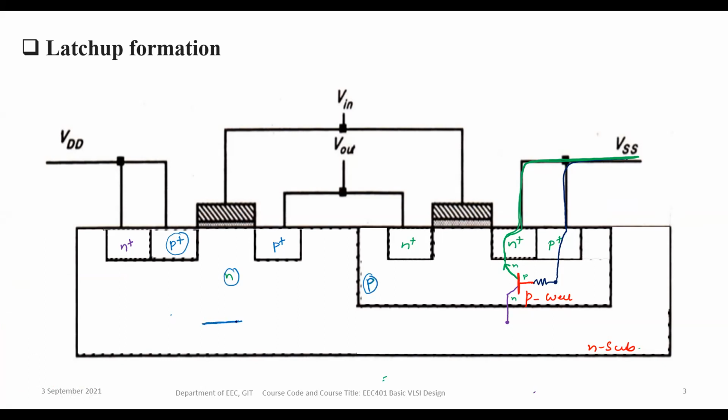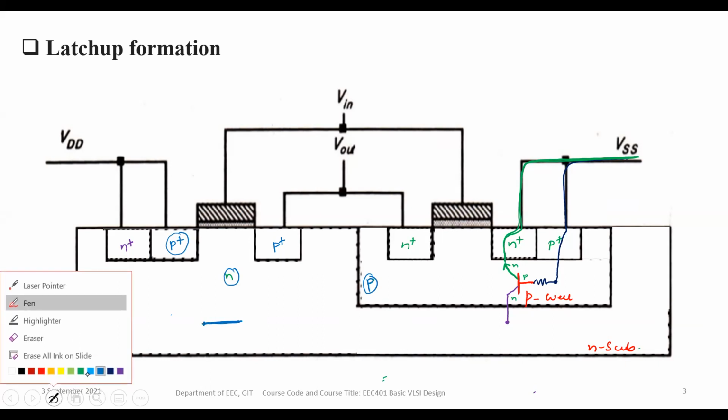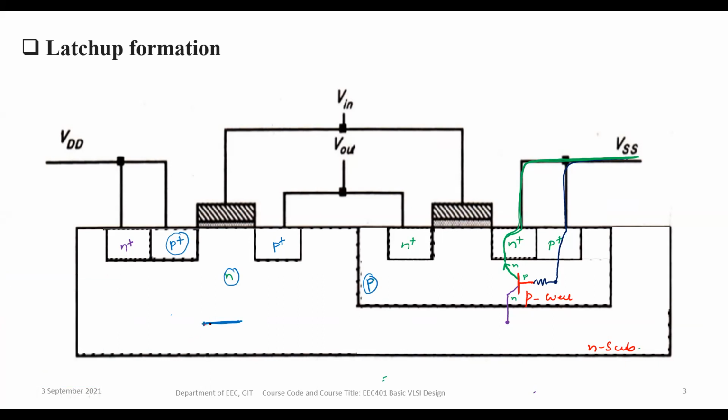What is the base here now? Sorry, I think I'd better take another color. I will consider red. So therefore, this is the base. The collector is something like this.